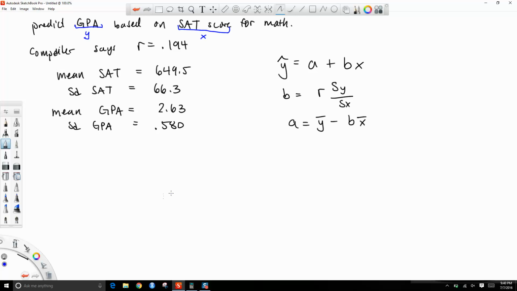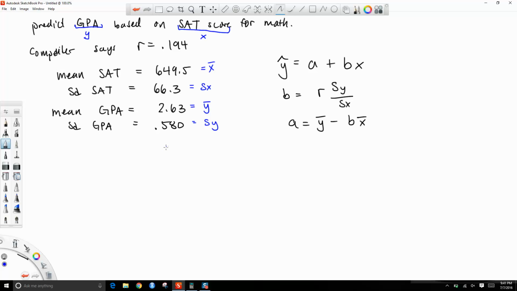So mean SAT is x bar. Standard deviation of SAT is SX. Mean GPA is y bar. And standard deviation GPA is SY. So it's just a matter of labeling these.